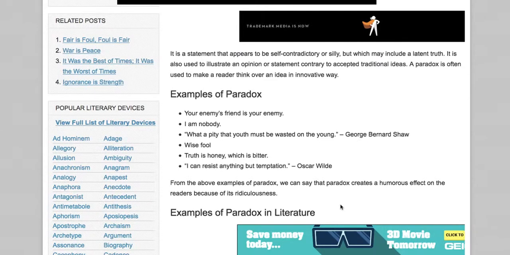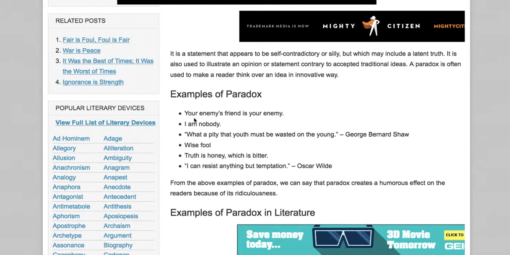According to the website on literary devices, a paradox is a statement that appears to be self-contradictory or silly, but which may include a latent or underlying truth. It is also used to illustrate an opinion or statement contrary to accepted traditional ideas. A paradox is often used to make a reader think over an idea in an innovative way.